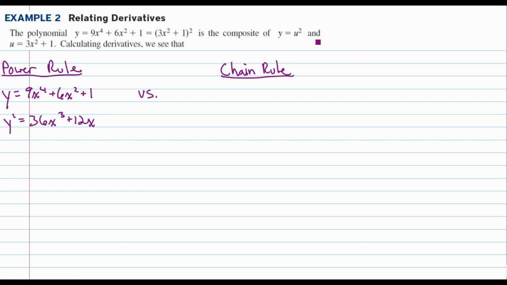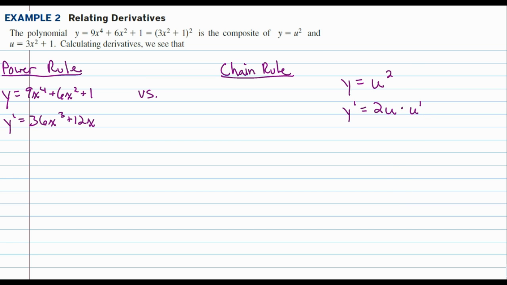Off to the side here, I'm going to show you how the chain rule works. Our original function now we're going to write as this composition function. Y equals u squared. They've identified u as 3x squared plus 1, the inside of this composition function. So when you take the derivative, you're going to have y prime equals 2u and then times the derivative of u, u prime.